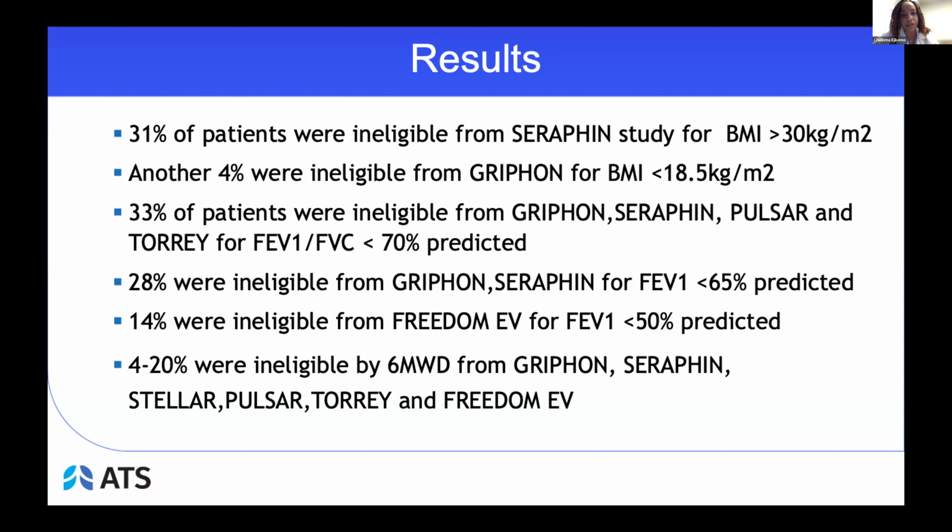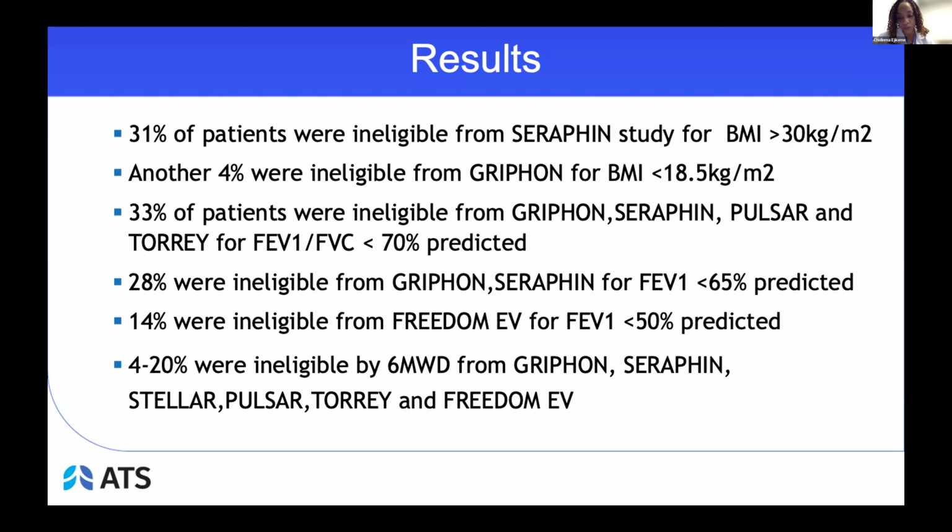The goal is to look at the current criteria that we're seeing with these trials and look at our patient population and try to figure out where their numbers are, so that we're not losing a lot of the patients who would benefit from this trial or who would actually give us a better result when we do these initial phase 2, phase 3 trials, and be able to include a little bit more of them so that we have the best outcome before sending it to the real world population.